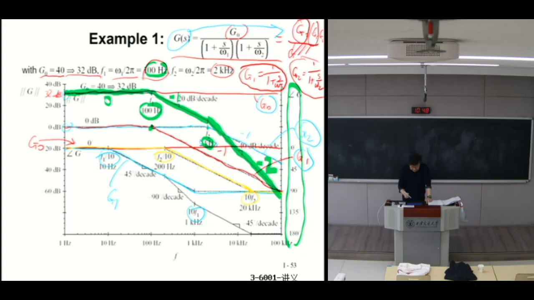So this is going to be the G2 phase angle. And then you add these three lines together, that's going to be the overall phase angle Bode plot.